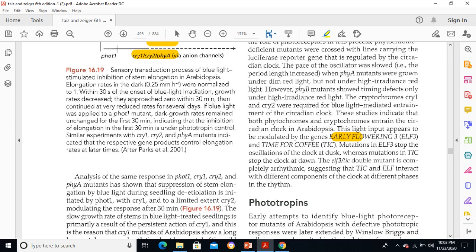The light input appears to modulate the genes ELF3 and TIC, TOC1, and ZTL. Actually, TIC, TOC and ZTL are the proteins involved in circadian rhythm. For flowering, there are many factors involved.